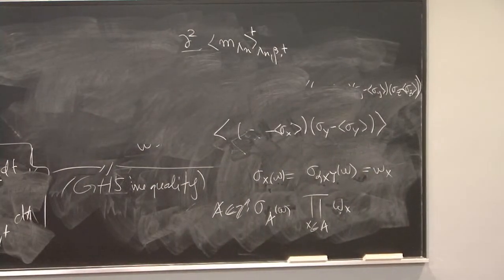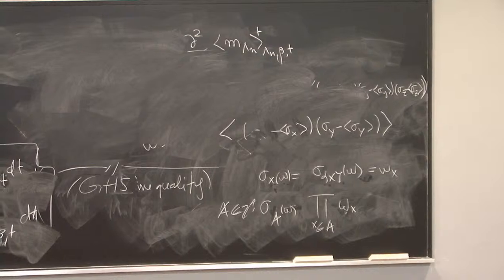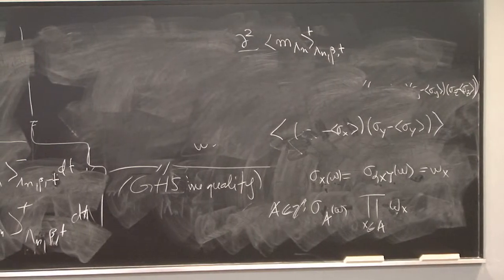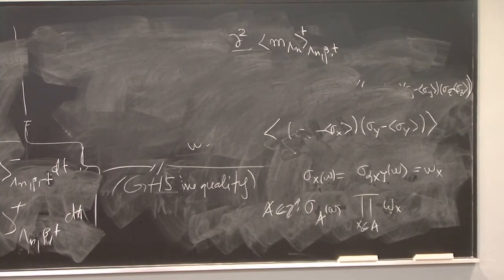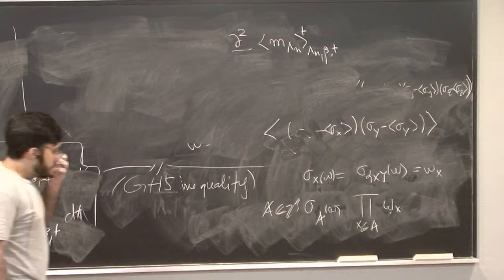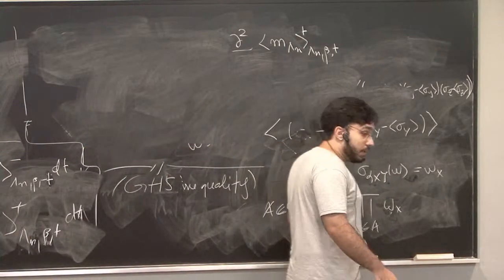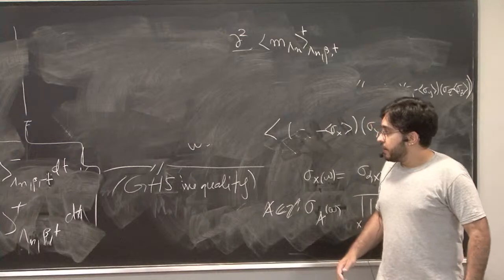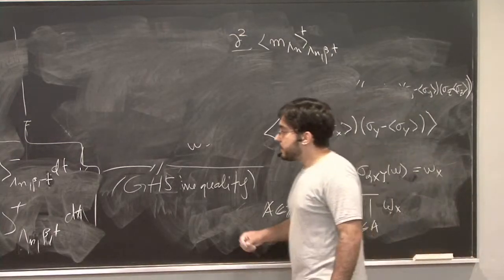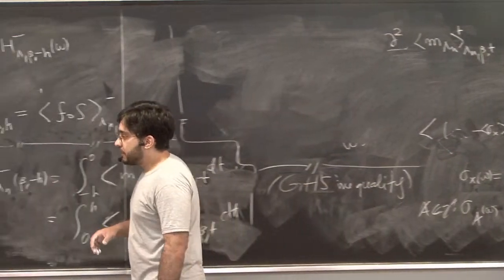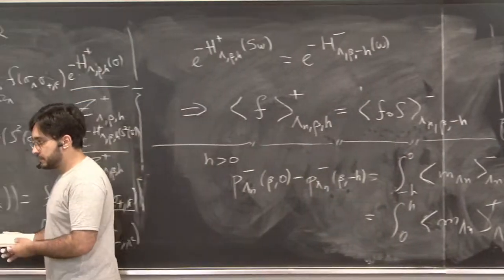So this implies that the pressure is differentiable in all the region of the magnetic field, for all beta, when H is not 0, okay?